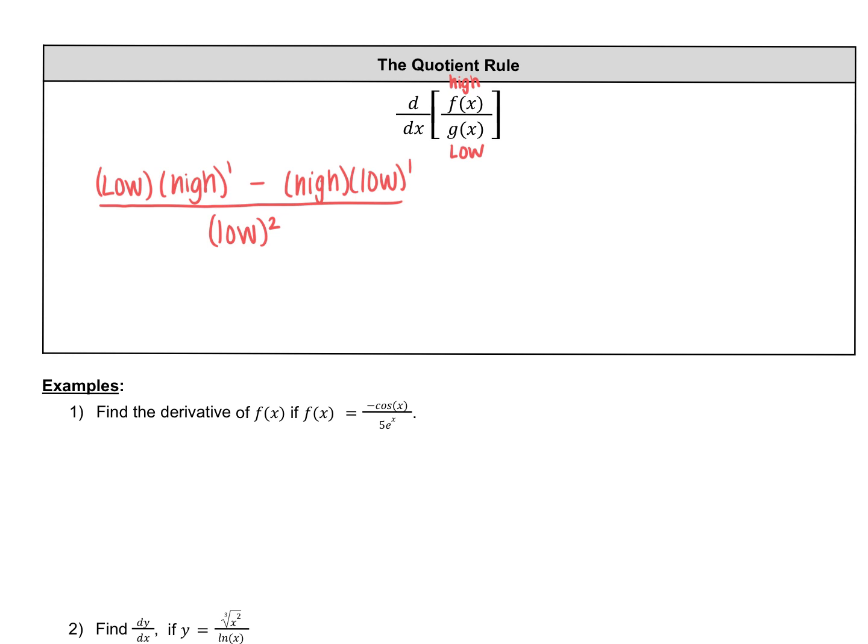So the way I'm saying this, if you want to write it out, is low d high, meaning the derivative, low d high minus high d low all over low squared. That's just a way that we can remember how to take the derivative of a quotient.